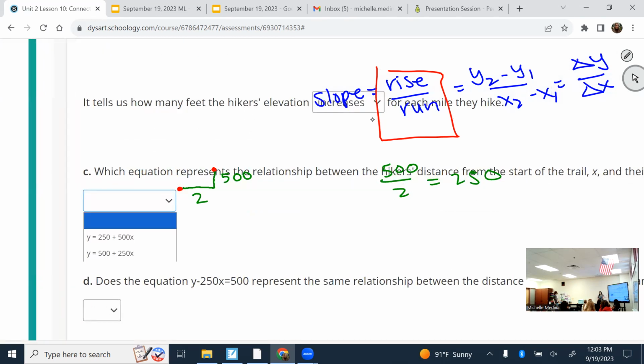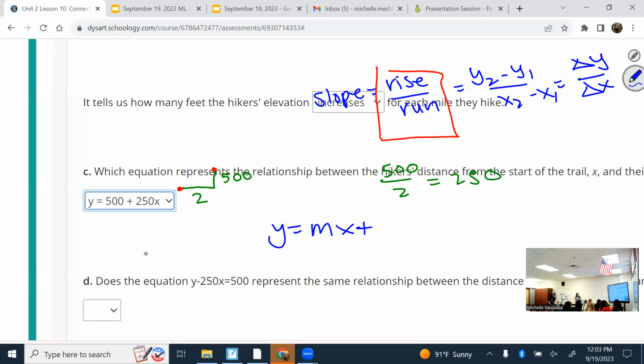Actually, it's the bottom. It might be shuffled on your screen, I don't know. But the slope always has to go in front of the x. That's a rule. So I could write it like this, or I could write it like this. But slope is always in front of the x no matter what.